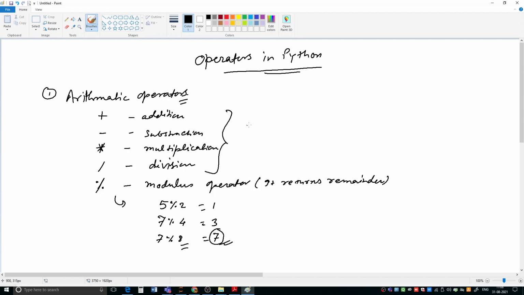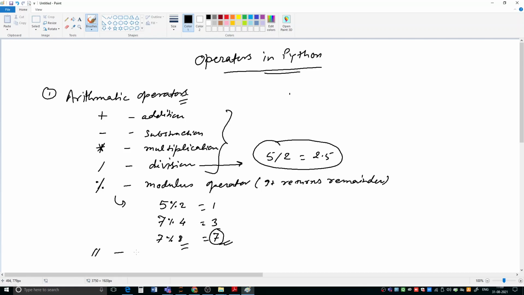In addition to these, some other operators are there. Let me discuss this one first. If you are doing 5 divided by 2, what will be the value? If you are dividing, 2.5. Then in addition to these arithmetical operators, we have some other operators also.